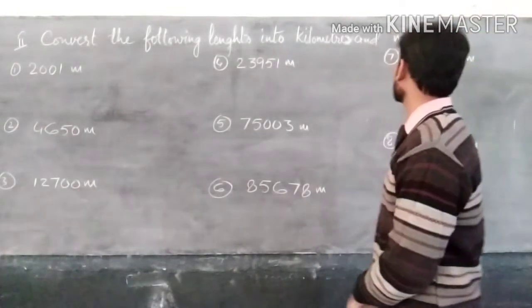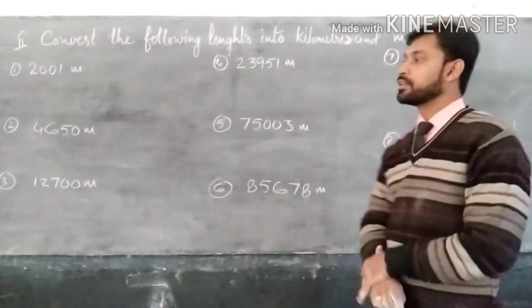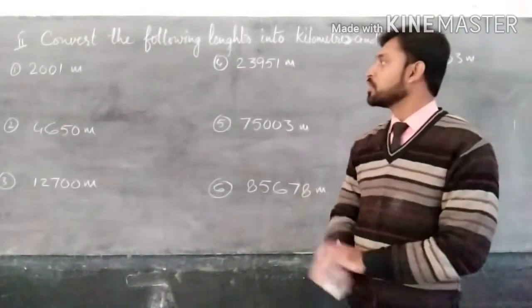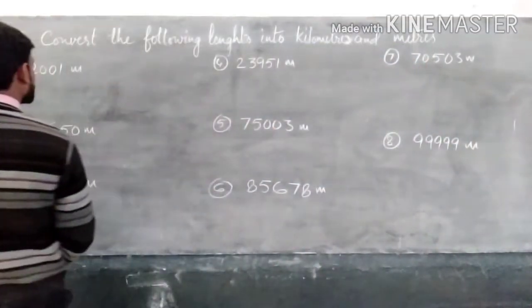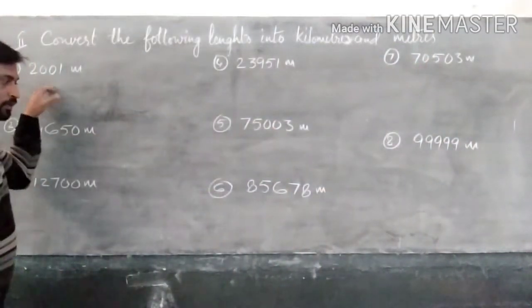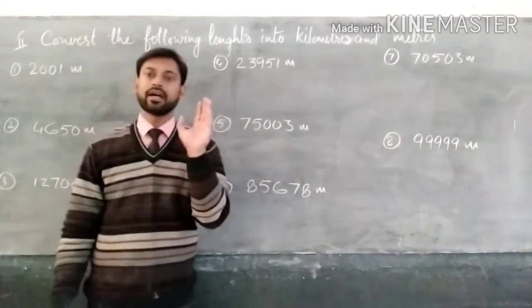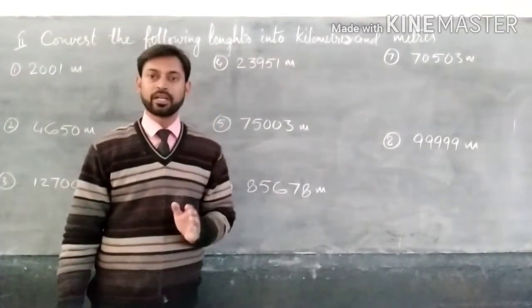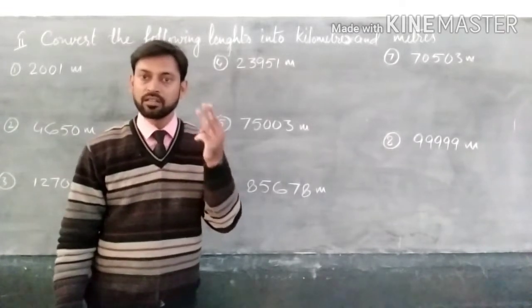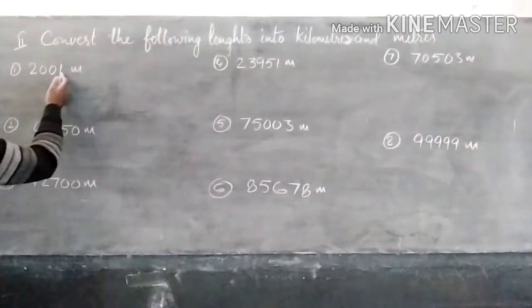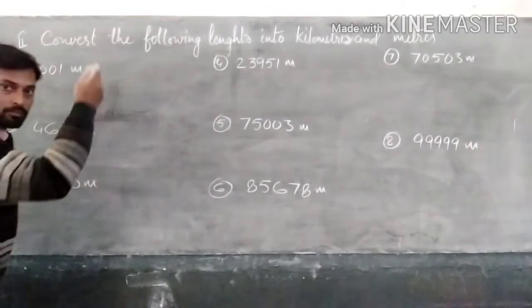meters. Is that clear? Kilometers and meters. We have 2001 meters as the first question. So always remember what I told you to learn, that is 1 kilometer equals 1000 meters. How many zeros are there? 3 zeros. So you have to divide this number after 3 zeros.